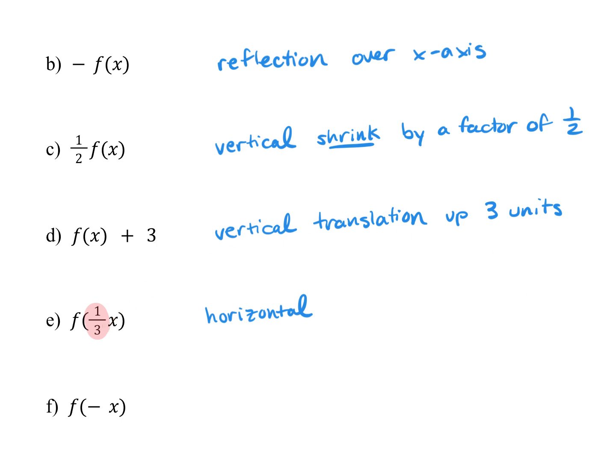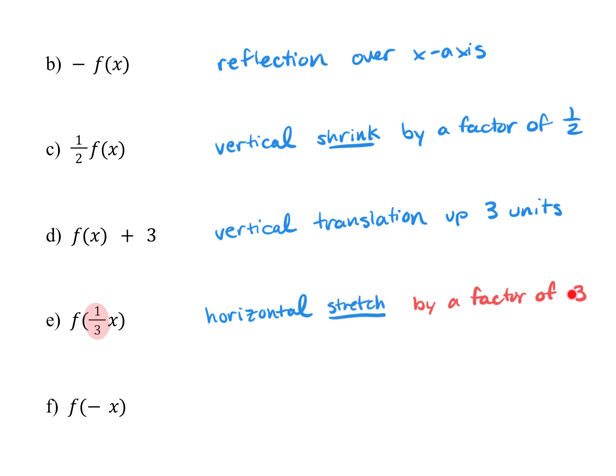So I'm actually going to write by a factor of first. So if this b value is 1/3, the stretch or shrink factor is the reciprocal of 1/3, which is 3. Now since 3 is bigger than 1, this actually ends up being a horizontal stretch.